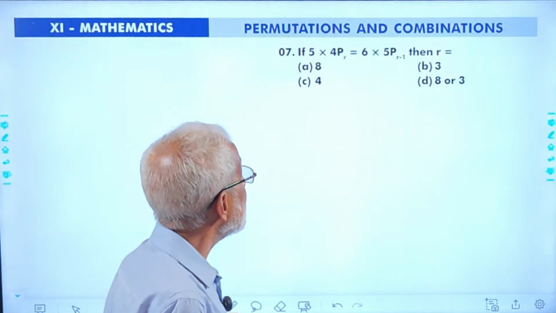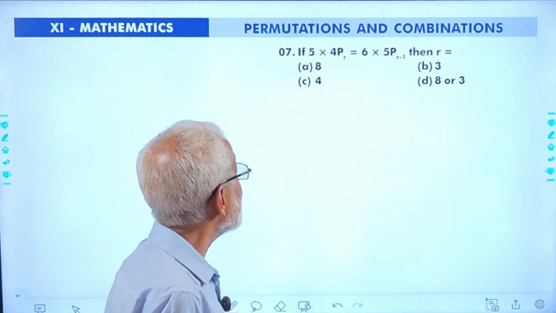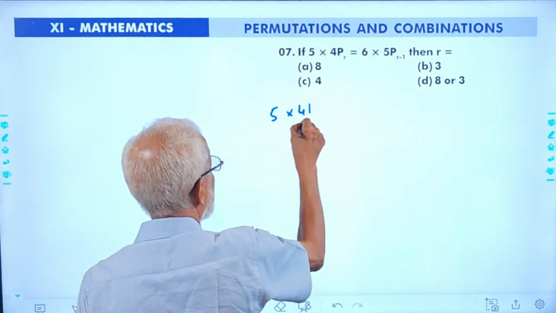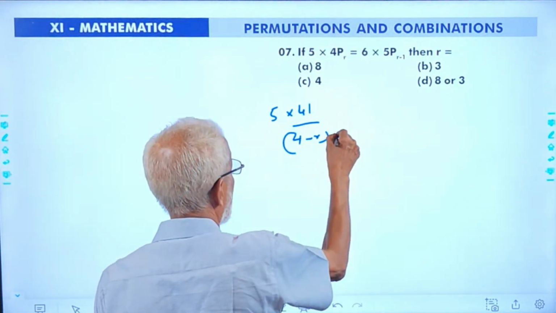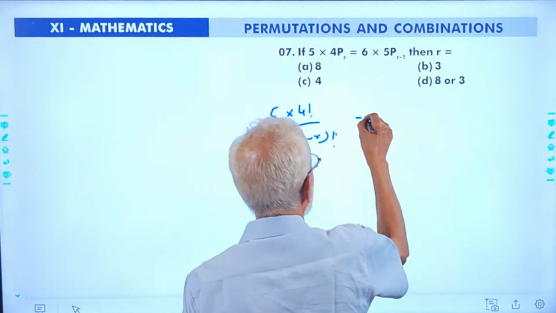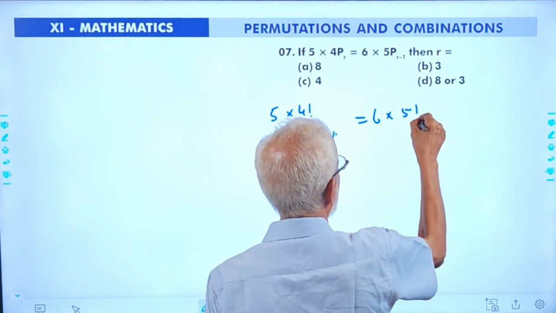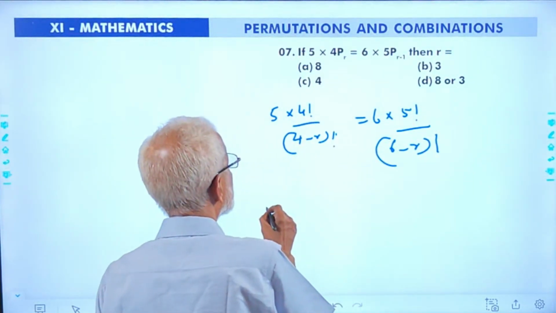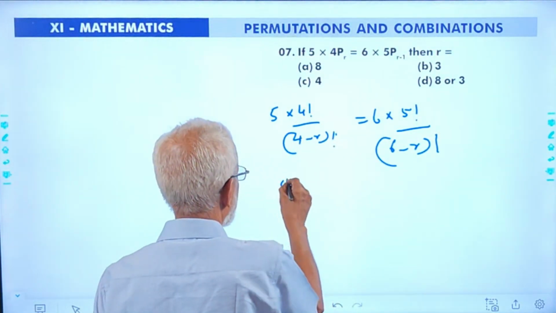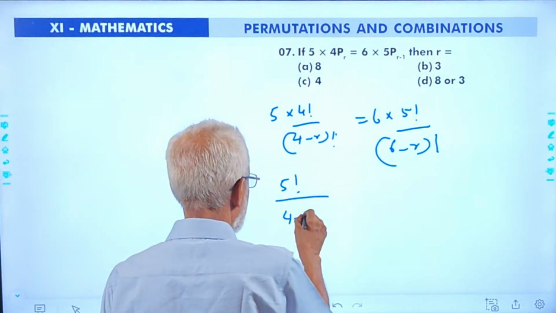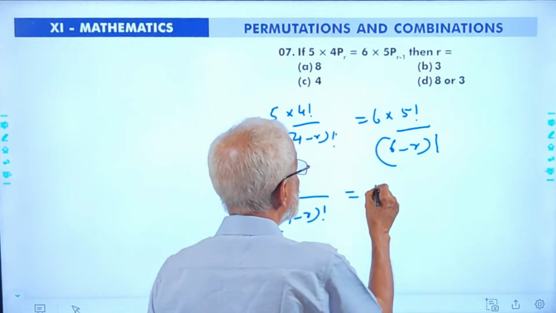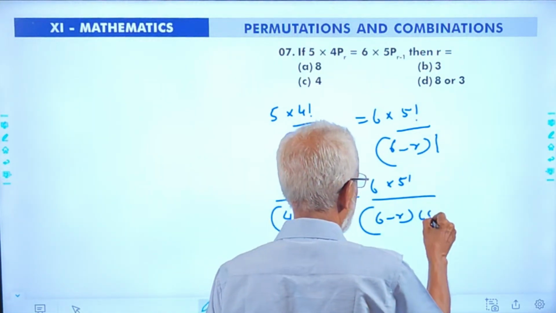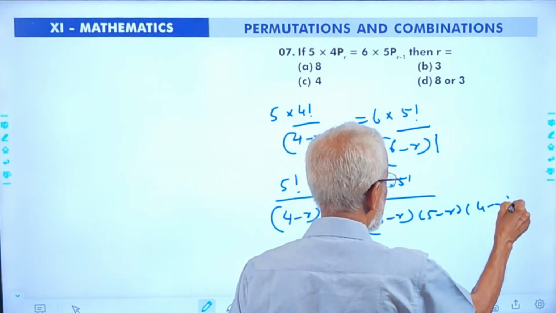If 5 into nPr is equal to 6 into 5P(r minus 1), then 5 into 4 factorial by 4 minus r factorial equals 6 into 5 factorial by 6 minus r factorial. 5 into 4 is 5 factorial by 4 minus r factorial equals 6 into 5 factorial by 6 minus r into 5 minus r into 4 minus r factorial.